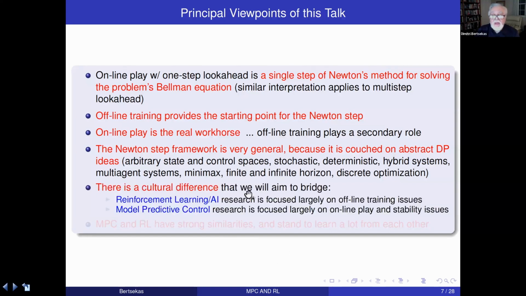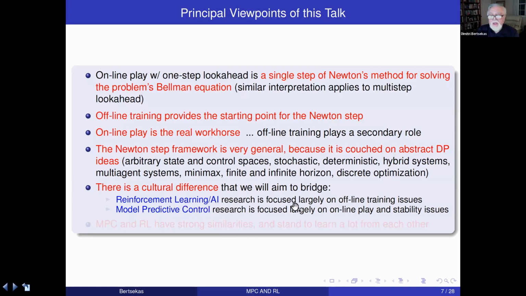There's a cultural difference which had always mystified me, and I'm trying to understand. Reinforcement learning and artificial intelligence research and model predictive control have different emphases.